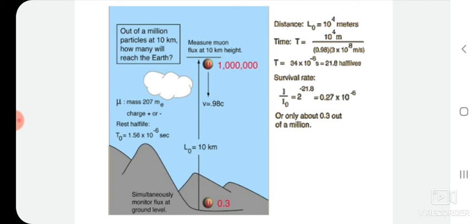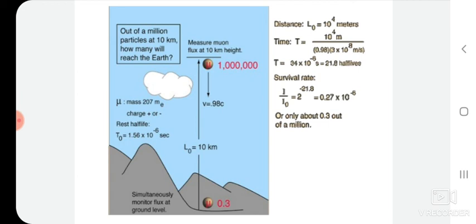Then by using the I by I naught ratio, I by I naught is equal to 2 to the power of minus t, which is equal to 0.27 into 10 to the power of minus 6, or only about 0.3 out of a million.